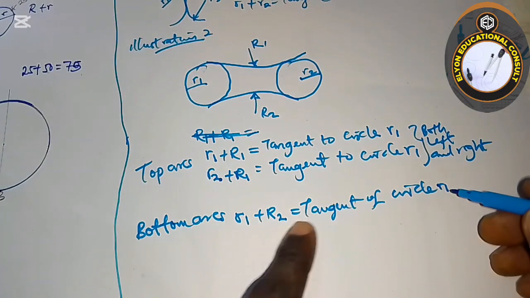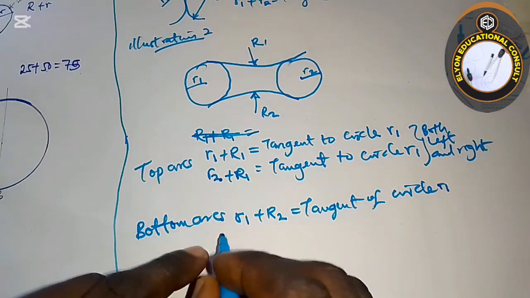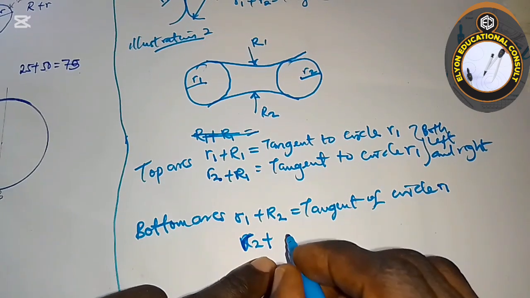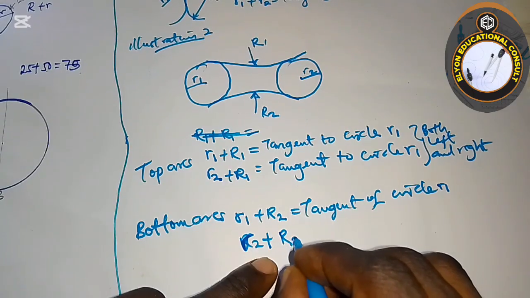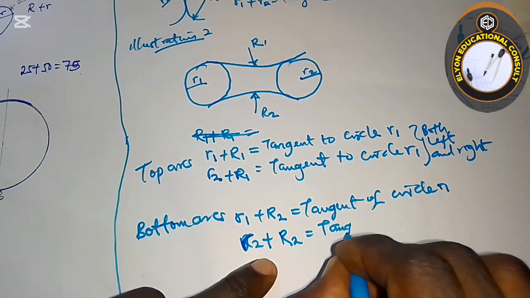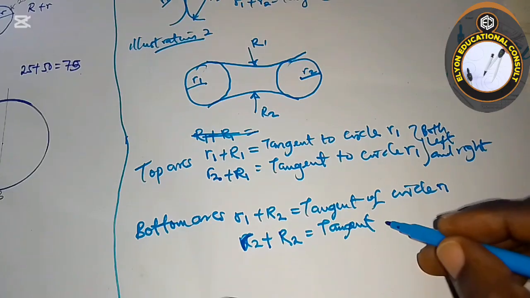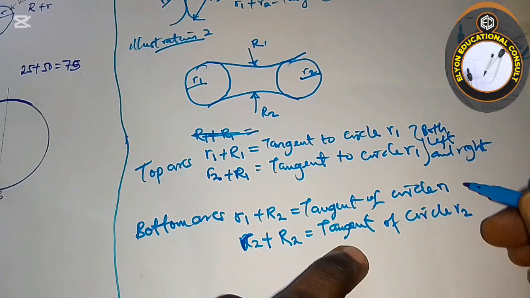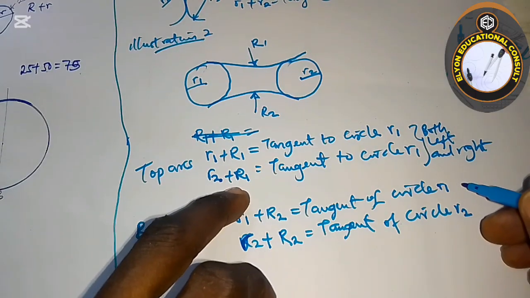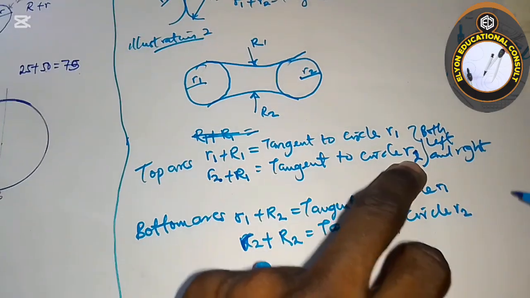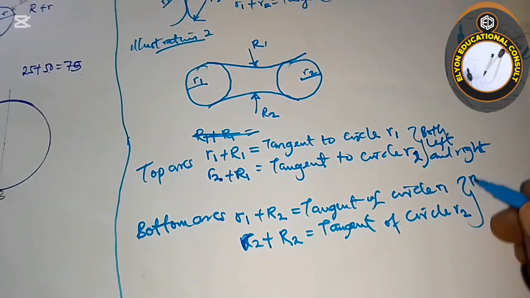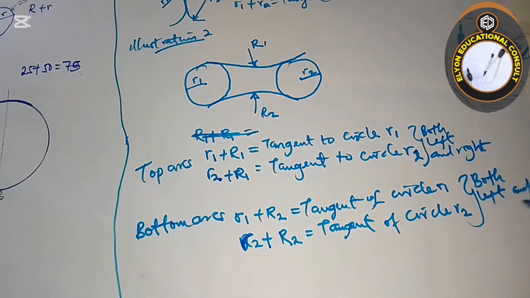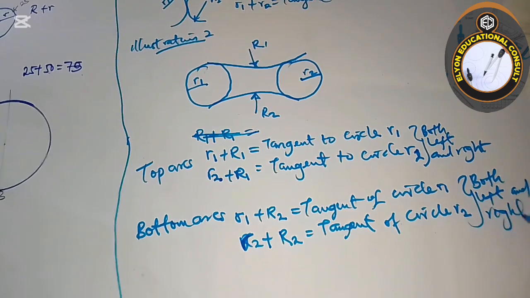Then we have this R2 plus small r2, which will be the tangent of circle R2 here. This will be for both left and right. That is both at this side.